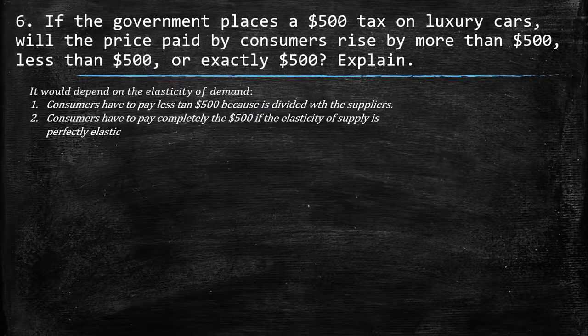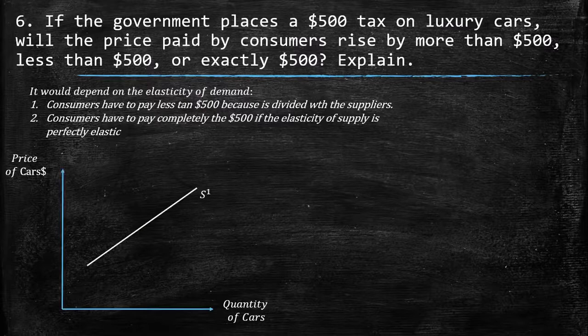The first is the most likely: consumers have to pay less than $500 because the tax is divided with the suppliers. But there could be another case where consumers have to pay the whole $500, if the elasticity of supply is perfectly inelastic.